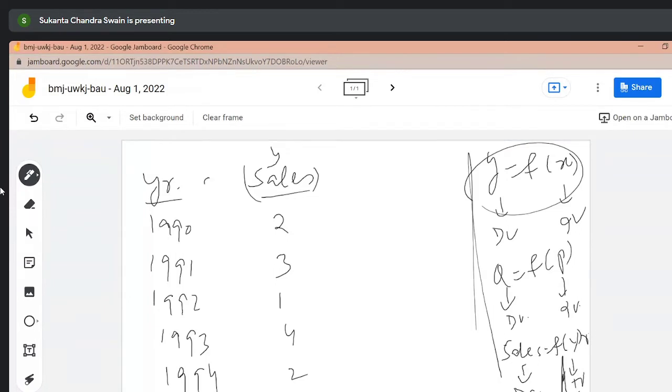Then we will create another column called x. We will take 1990 as 1, then 91 will be 2, 92 will be 3, 4, and 5. Means for the first year we took 1, then for subsequent years we kept on adding or subtracting depending upon the value.